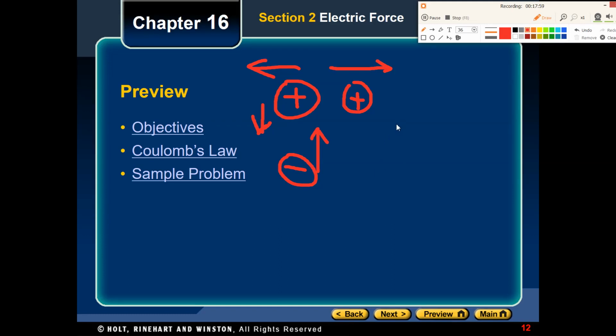There's the Millikan experiment to figure out the charge of the electron. It's a very small number. You don't need to remember the exact number, but you should know the magnitude, 10 to the negative 19th coulomb. We also talked about induction.